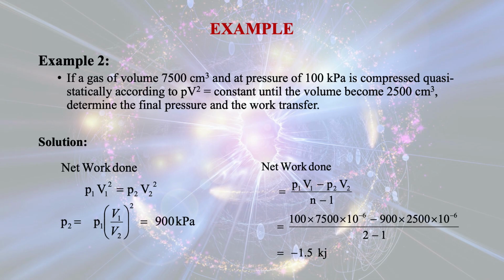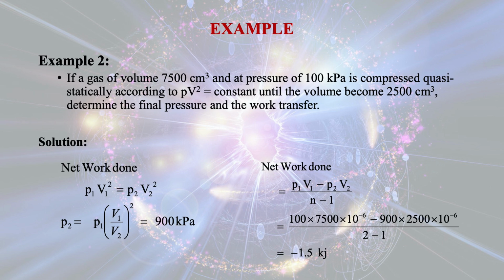The work done for a polytropic process, we know, is equal to P1 V1 minus P2 V2 whole divided by n minus 1. So here P1 is given as 100 kilopascal, V1 is 7500 centimeter cube, P2 we have calculated as 900 kilopascal and V2 is 2500 centimeter cube. The value of n is given as 2.